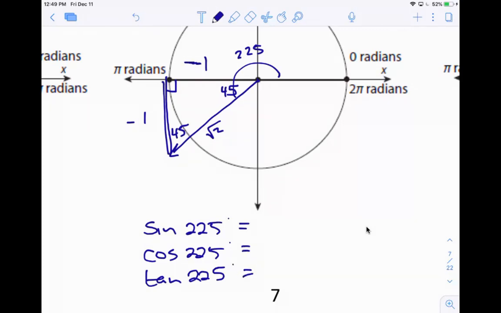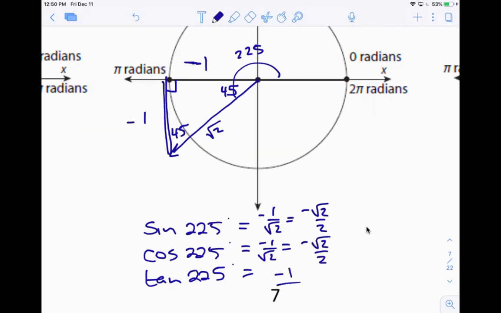Because we already accounted for that quadrant shift with the negatives, we don't have to worry about adding the negative later. And so we just have opposite over hypotenuse, which would be negative root 2 over 2. Same thing here, adjacent over hypotenuse, also a negative root 2 over 2. Tangent is going to be opposite over adjacent, or in this case, back to a positive 1.